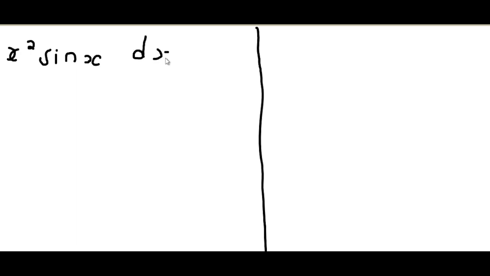Let's try another example whereby we have to integrate 2 times by parts. So you've been given x squared sine x dx, and you have been told to integrate by parts.